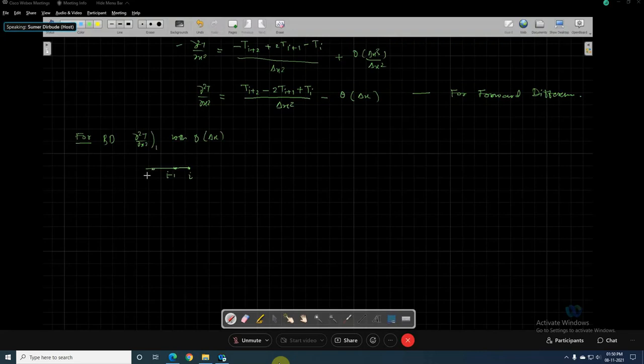So we are taking I minus 1 and I minus 2 because 2 plus 1 is 3. So we are taking these 3 points. Okay, like this. So you can do this as homework and obtain an expression for the backward difference.